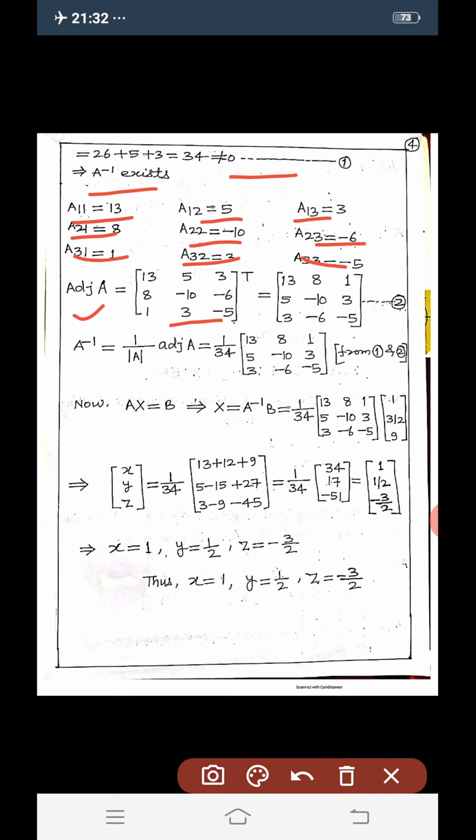Using the formula, we get A inverse equal to 1 by determinant of A into adjoint A, equal to 1 by 34, since determinant of A is 34, into adjoint A, that is 13, 8, 1, 5, -10, 3, 3, -6, -5, from 1 and 2.